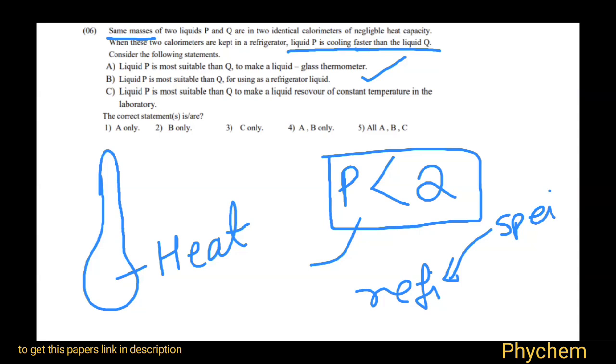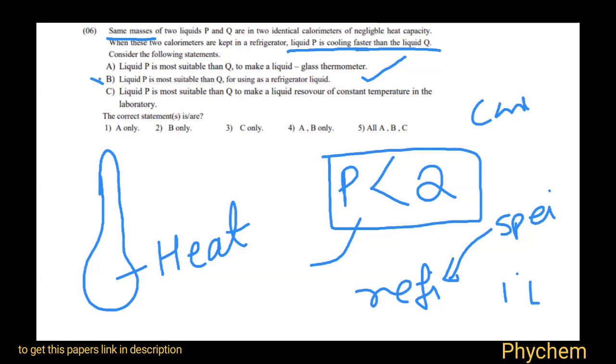So therefore, the specific heat capacity of liquid Q is high when comparing with P, but they are telling liquid P is more suitable than Q for using as a refrigerated liquid. No, that statement is false because, for example, in our daily life we also use water as the car radiator coolant liquid, because water can absorb a lot of heat to increase its temperature by 1 degree Celsius, because its specific heat capacity is higher.